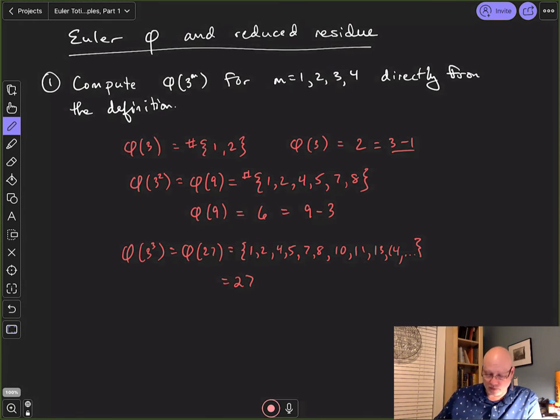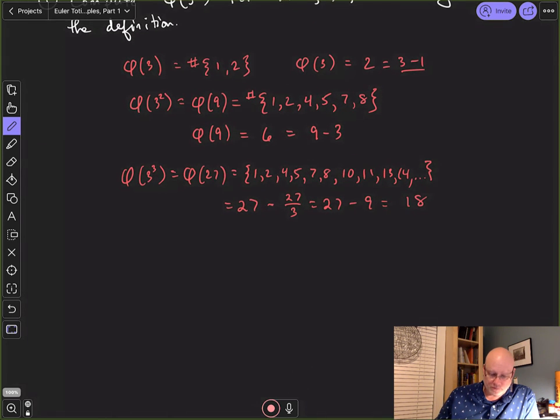So really we're taking away a third of the numbers, so 27 divided by 3, which is 9, so 27 minus 9. So there are 18 numbers for phi of 27. The only way the phi function goes wrong is when we're finding these multiples of 3, so we just have to figure out a way to take those out.